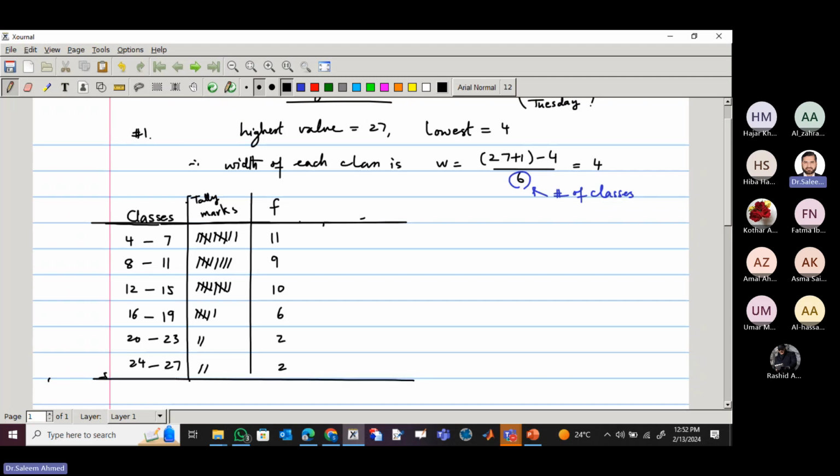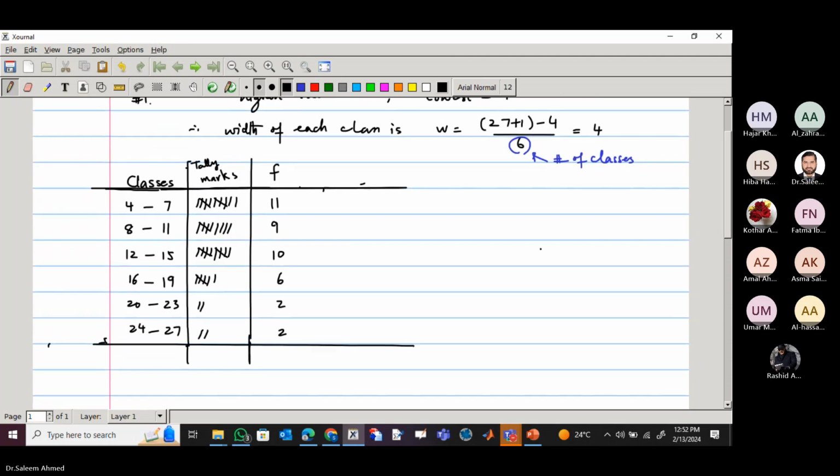If you look at the sum, 20, 30, and 40, right? There were 40 values, so the total is 40. So it looks okay. Maybe you can just check it again, there may be a mistake. I did it quickly, so I don't know. Anyway, hopefully everything is good.